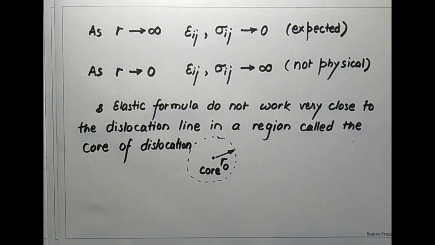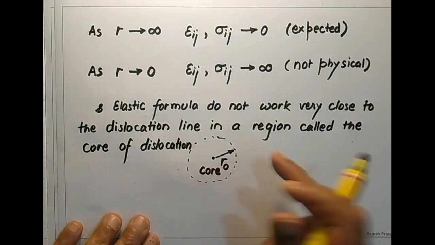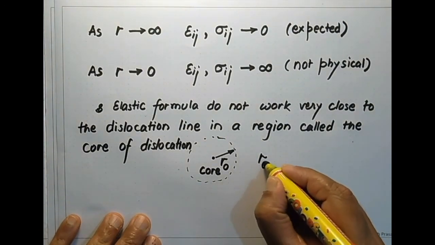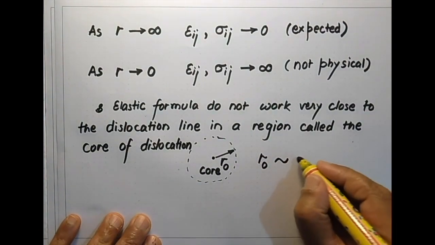So this point has to be kept in mind. The radius of the core usually is about 4 to 5 Burgers vector.